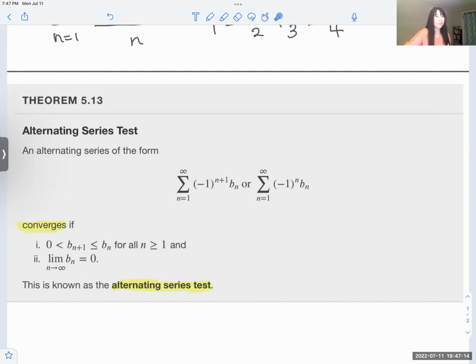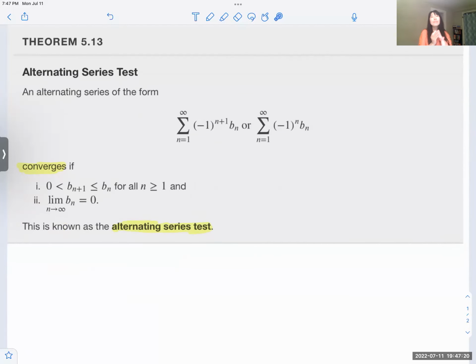Are you saying that the alternating series test can indicate the presence of convergence, but it can't tell you whether it's divergent? That's correct.